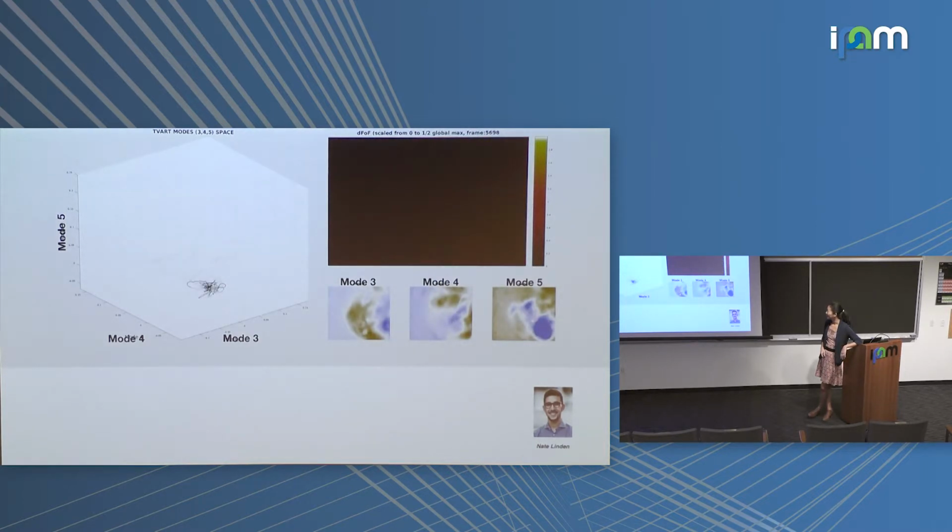And what Nate's done, one of the things he's done, is used CAM's tensor decomposition on the calcium imaging data. So here you're seeing 3 of the modes that pop out of the decomposition. The first mode is usually just the average, same thing as happens in SVD. And we're plotting here modes 3, 4, and 5. And so this is the trajectory of that data projected onto these modes.